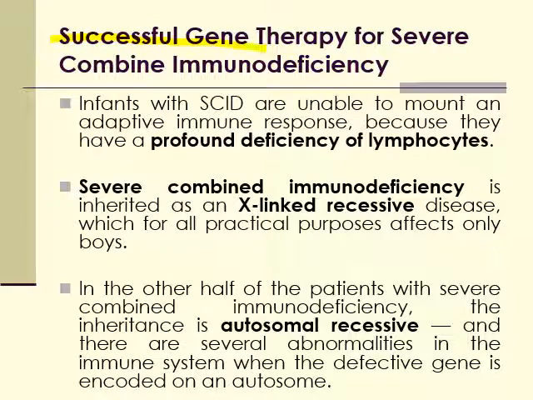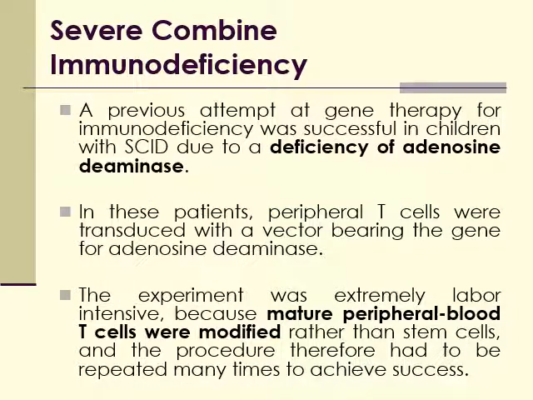We also have the unsuccessful therapy for severe combined immunodeficiency. They have a profound deficiency of lymphocytes. It is an inherited X-linked recessive disease that affects boys. Autosomal recessive siya, and there are several abnormalities in the immune system when the defective gene is encoded on an autosome.